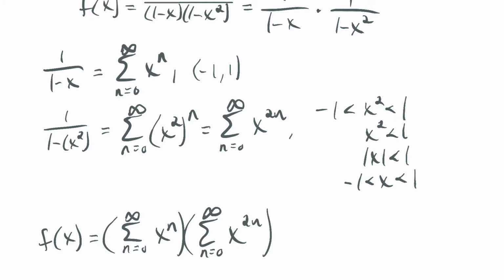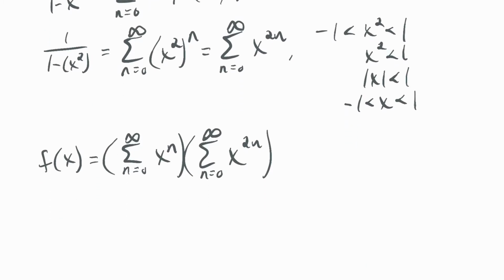Now, if we really wanted to, we should be able to come up with a formula for the coefficients of the new series as a function of n. Let's not do that. Let's just write out the first few terms of the series. So this first factor will be 1 plus x plus x squared plus x cubed plus x to the fourth plus, let's say x to the fifth plus dot, dot, dot.